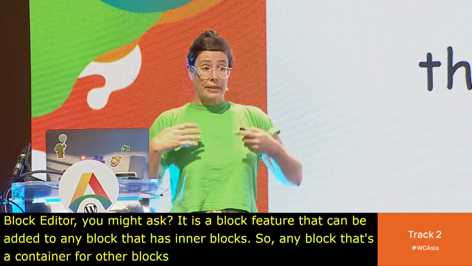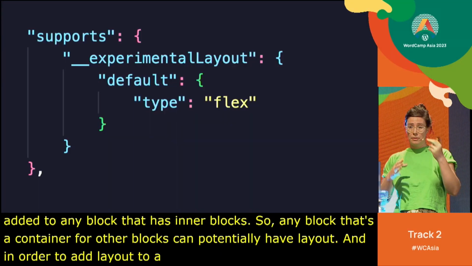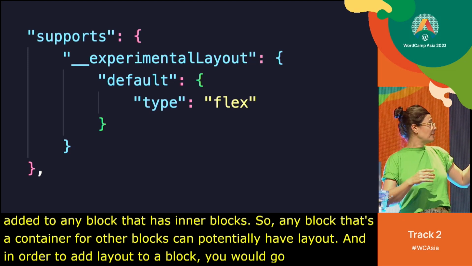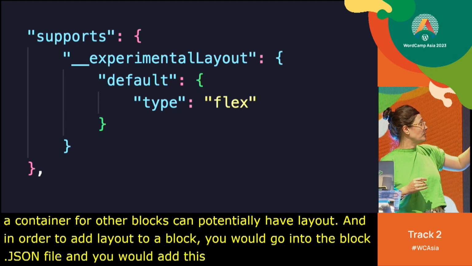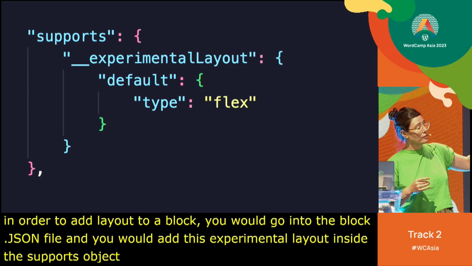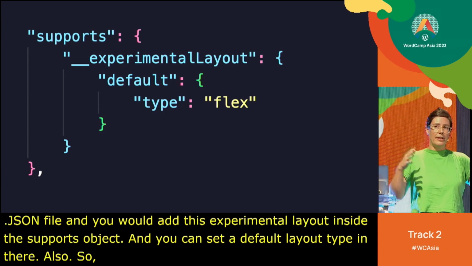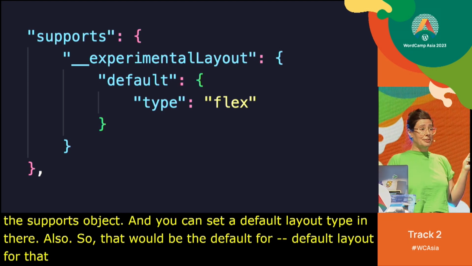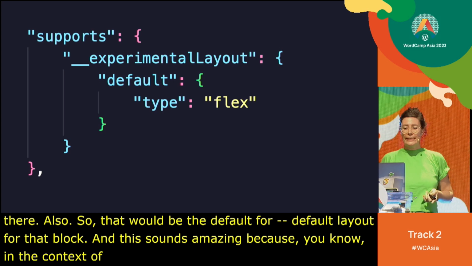And in order to add layout to a block, you would go into the block.json file, and you would add this experimental layout inside the support object. And you can set a default layout type in there also. So that would be the default layout for that block.